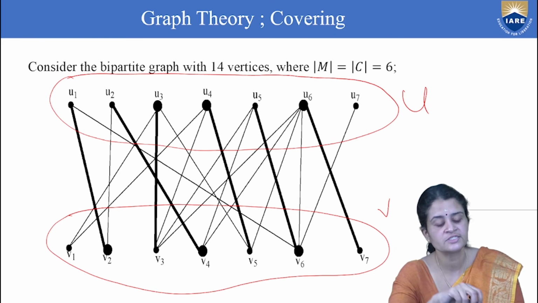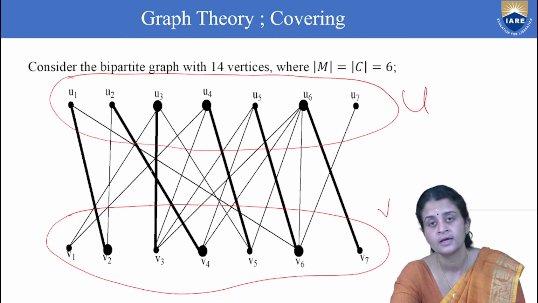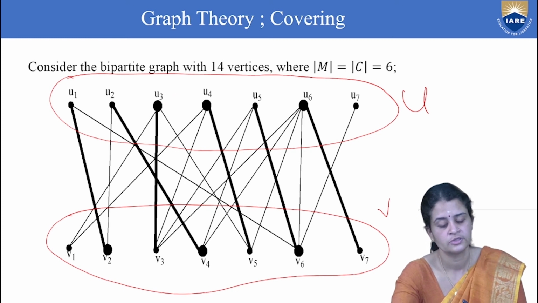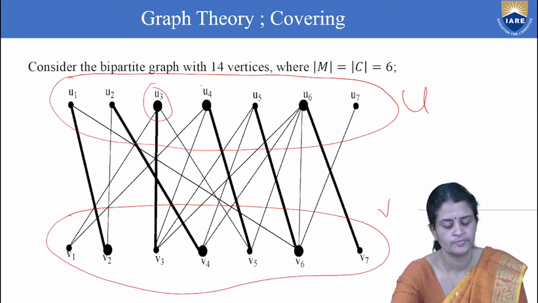From here, we can see that if these bold lines are considered to be the matching, are any of them adjacent? No. And the covering is the vertices marked in bold.